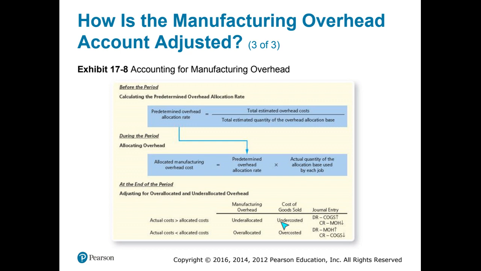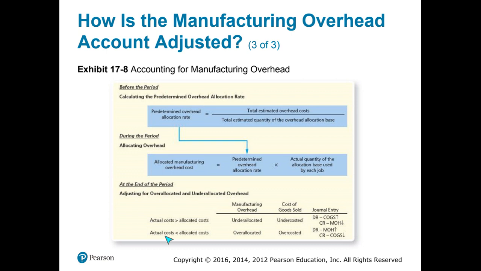We didn't charge enough. And so if that is the case, when you create your journal entry to adjust for the manufacturing overhead, your journal entry would be a debit to cost of goods sold, which increases your cost of goods sold because it was understated. And you would credit your manufacturing overhead to decrease it.